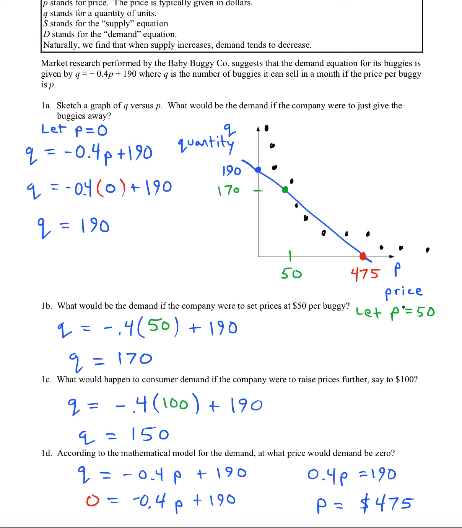So it may be that even if they were to charge $1,000 for a buggy, maybe somebody would still buy one. Or perhaps if they were to give the buggies away, maybe a lot of people would take buggies, maybe even more than 190 buggies. But the linear regression predicts these values here, and that's fine.